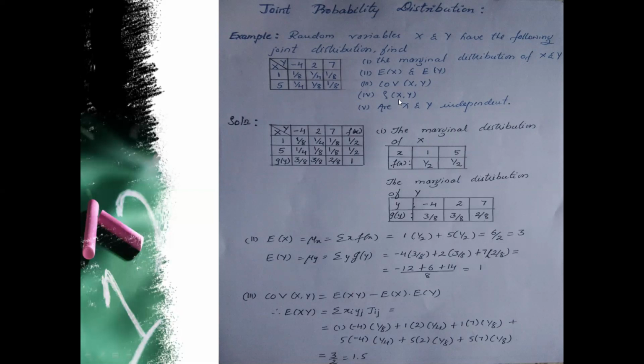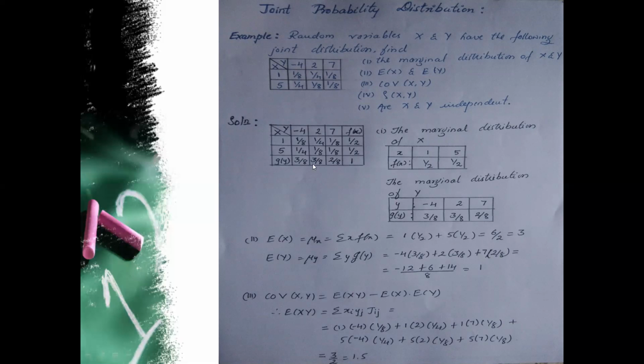Now the next question is covariance of xy. The formula for covariance is expectation of xy minus expectation of x into expectation of y. Now expectation of xy, we find it as summation of xi into yj into fij.